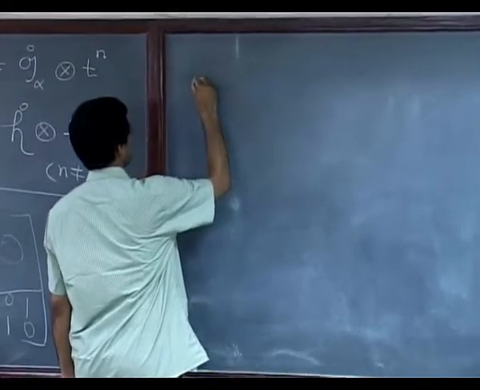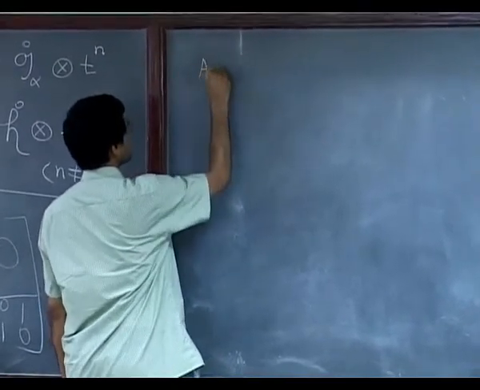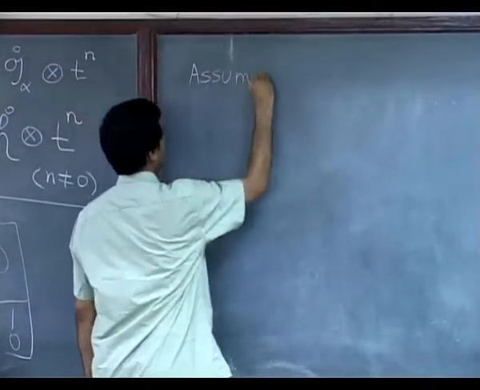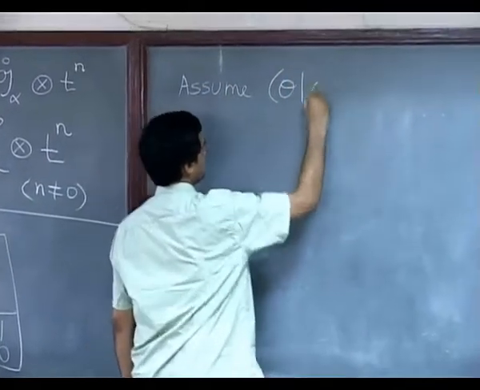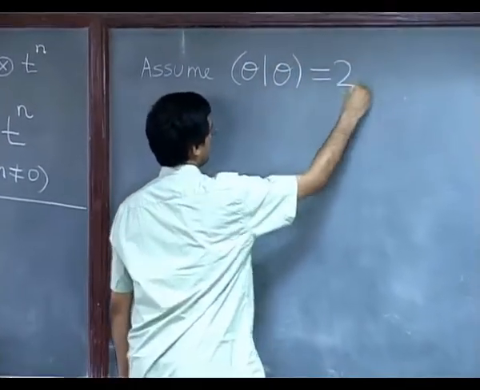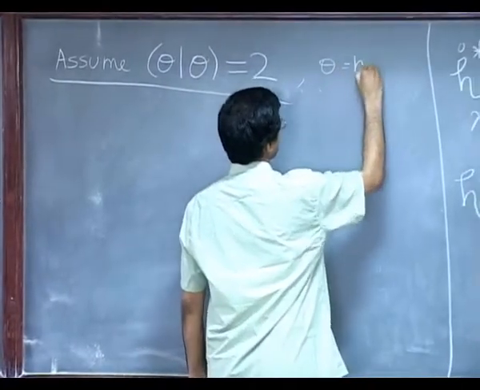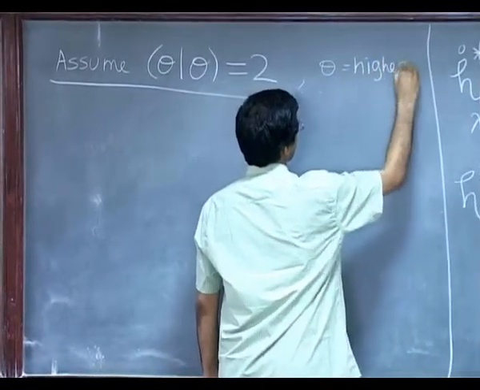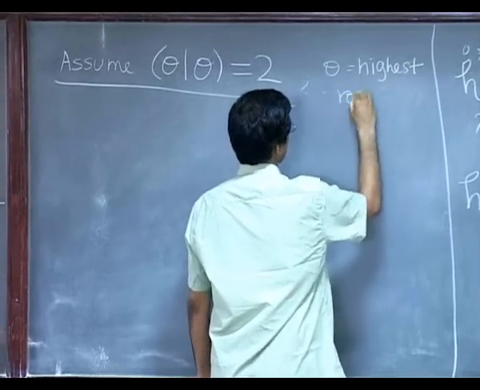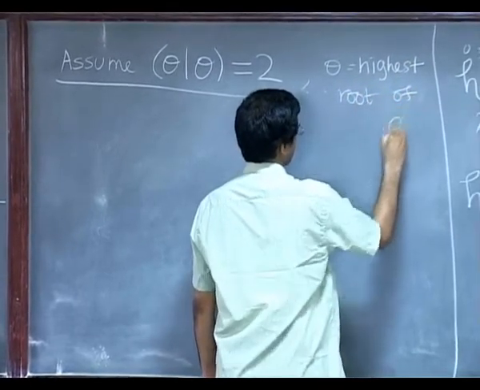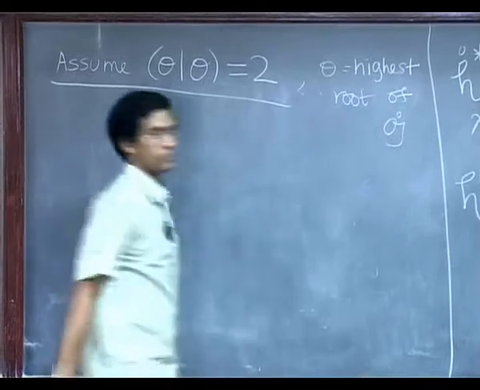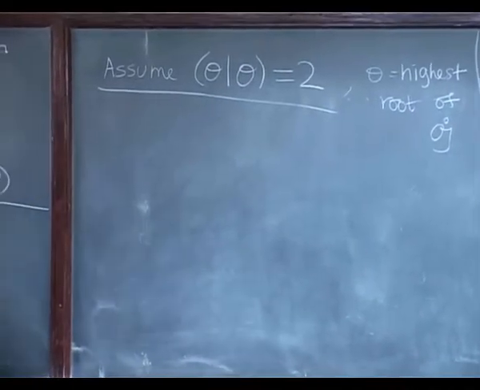So let's assume further that it's normalized like this, where again theta is the highest root of the finite dimensional Lie algebra.